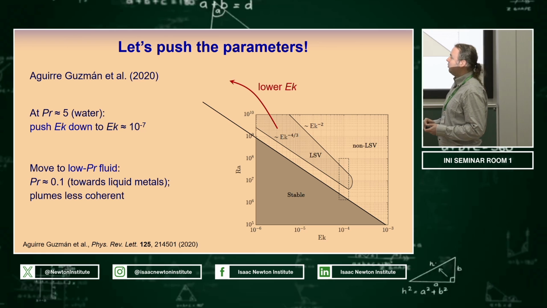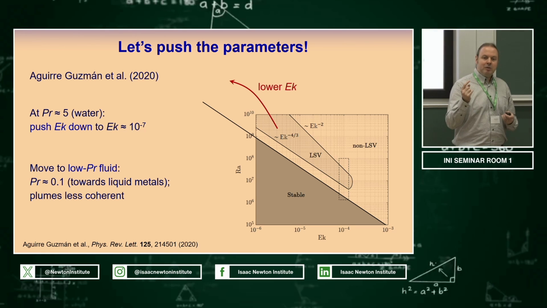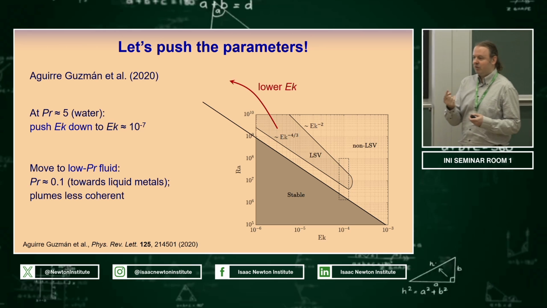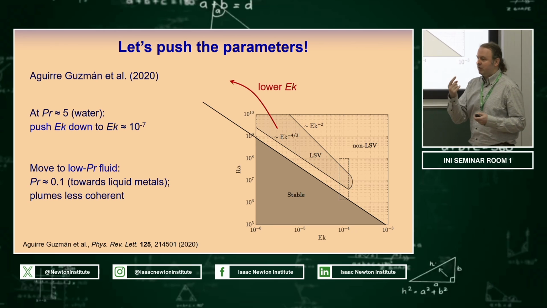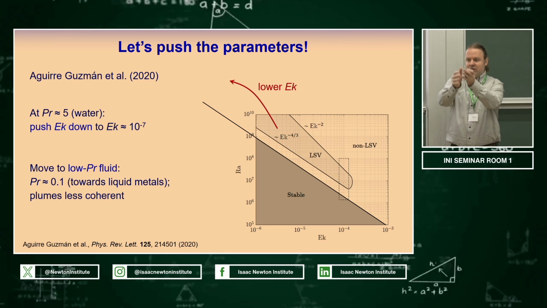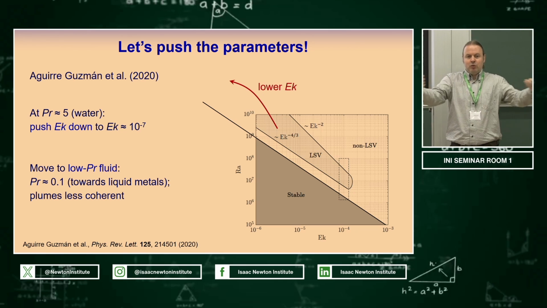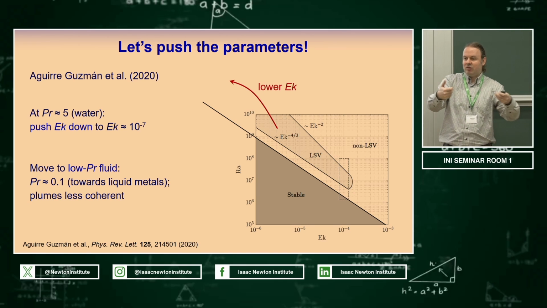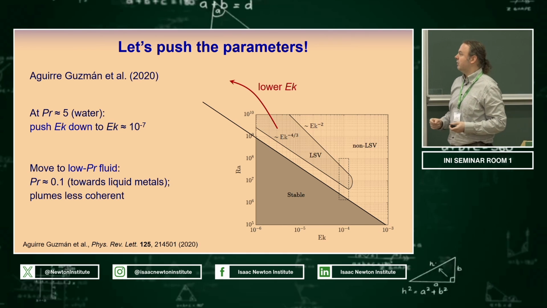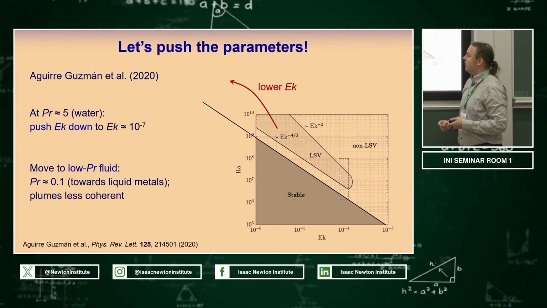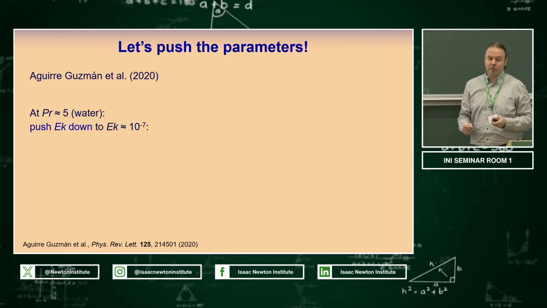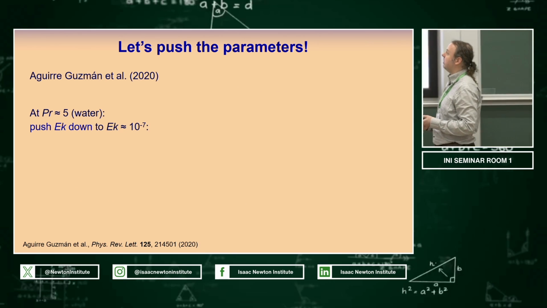The reason to do this is that thermal plumes will be less coherent in this range because the diffusivity of heat is much higher, meaning that whenever there's a blob emerging, it will also rapidly get rid of its excess heat by diffusion. So these disturbances are less coherent. And this indeed allowed us to get to large-scale vortices also with no slip plates.